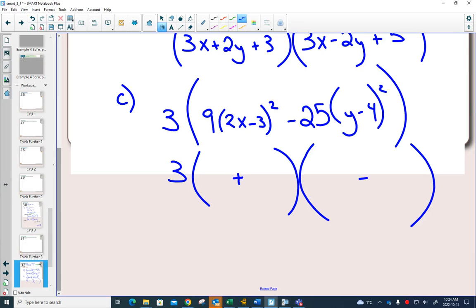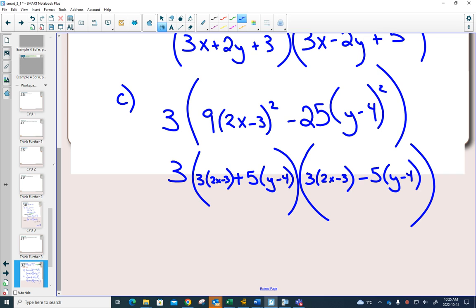Because 9 is perfectly 3 times 3, and (2x - 3) squared would be 2x - 3. So I would have 3(2x - 3) and 3(2x - 3). One's plus, one's minus. To get 25, well, that's 5 times 5. And to get (y - 4) squared, that would be y - 4. So you have 5 and y - 4 for both of them.